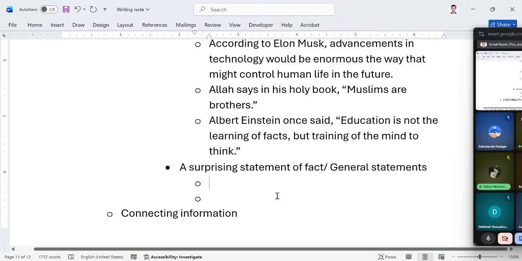So if it is a surprising statement, we may have about, again, education.